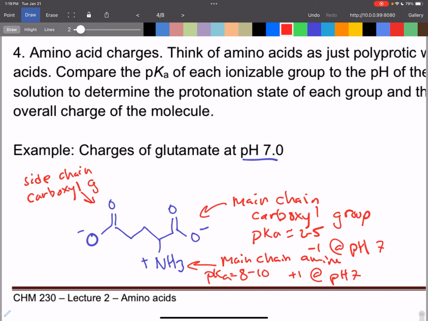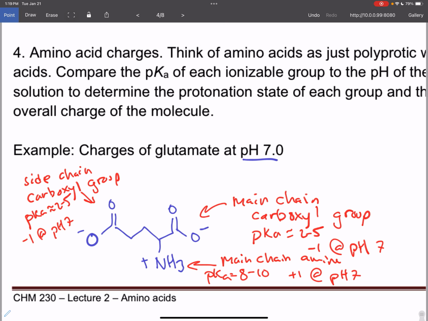We know its pKa is more like 4, but we can use our estimate of about 2 to 5, and so it's going to be -1 at pH 7. If you sum all these up, it's often the case that at pH 7 the amine and the main chain carboxyl cancel each other out, and whatever the charge of the side chain is will dictate the overall charge.